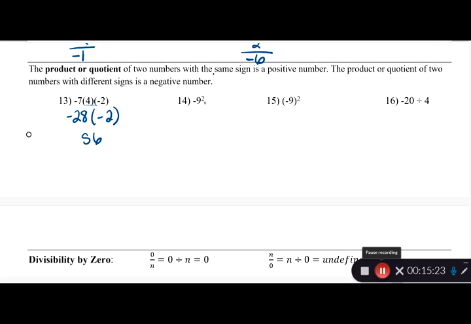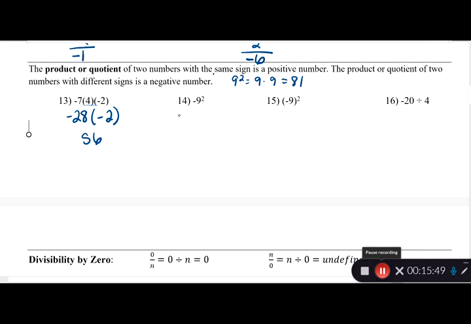Negative 9 squared. And so squared, the exponent, means something times itself. So if it was just a positive 9 squared, it would be 9 times 9. Since this one says negative 9 squared, you have to be careful, because what this is saying is the opposite of 9 squared.